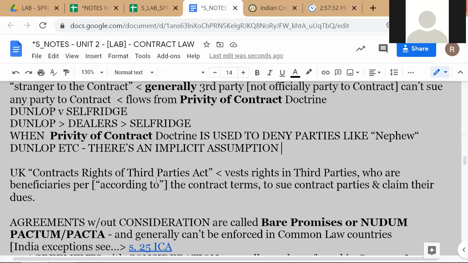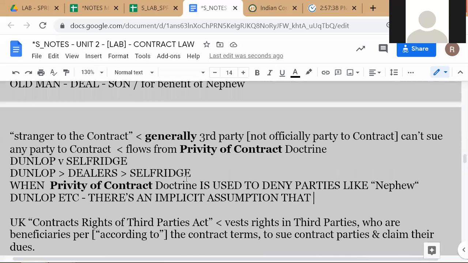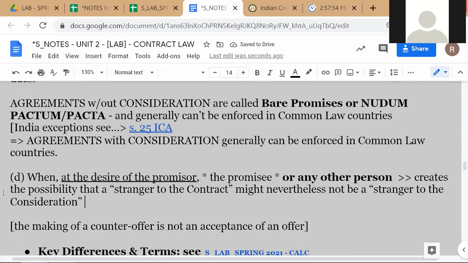There's an implicit assumption that these denied parties, the nephew and Dunlop, were also a stranger to the consideration.